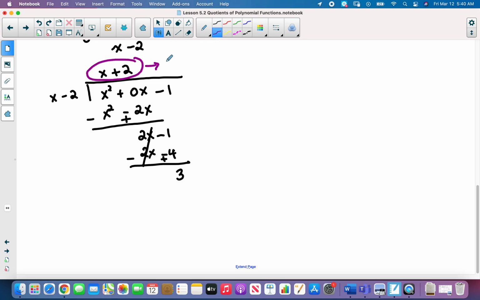This is the quotient. That becomes the equation of the oblique asymptote. Okay, that is the oblique asymptote.